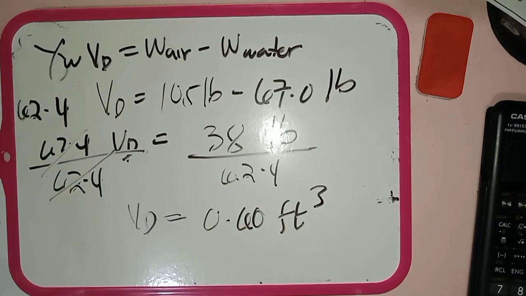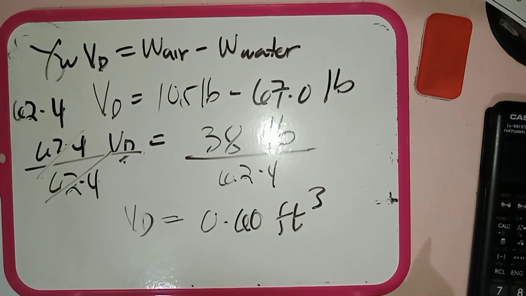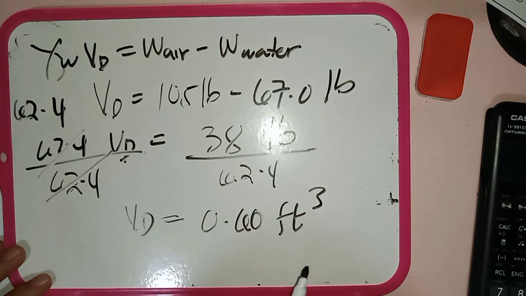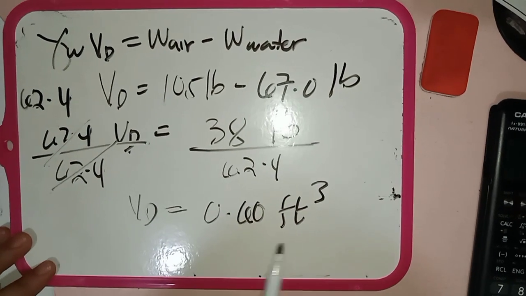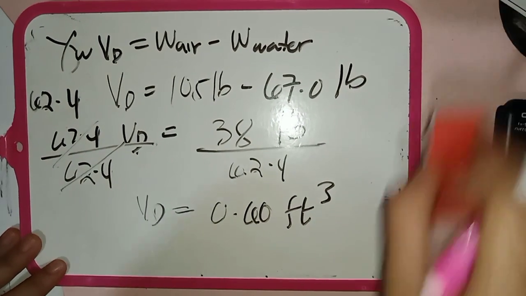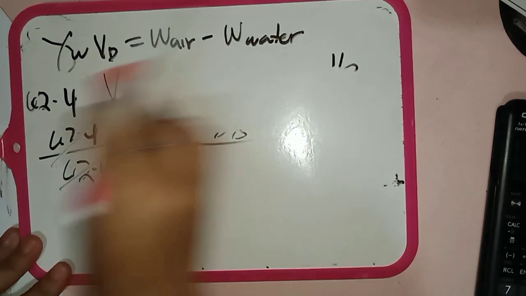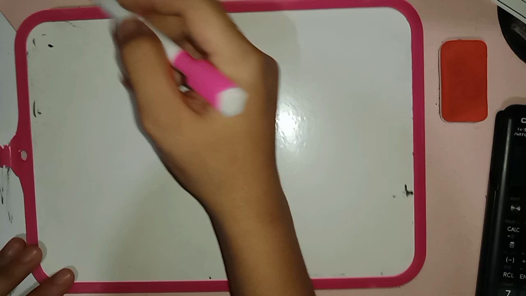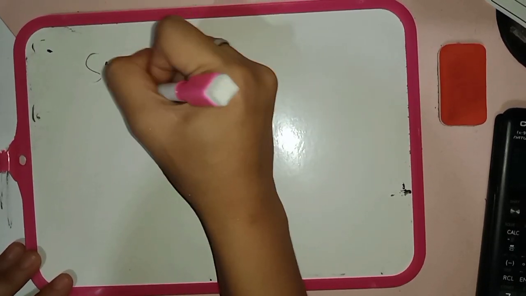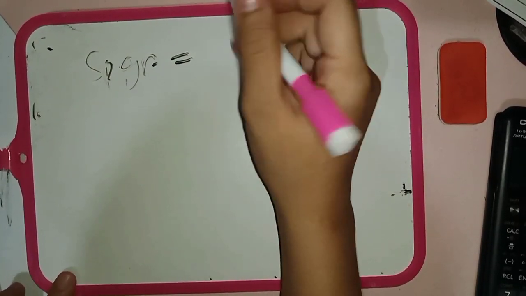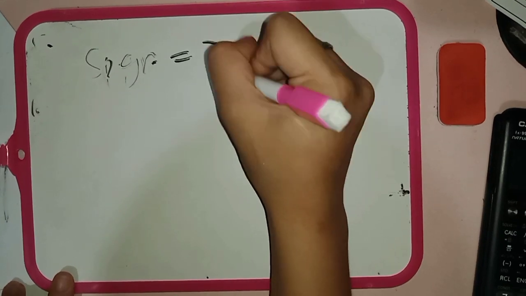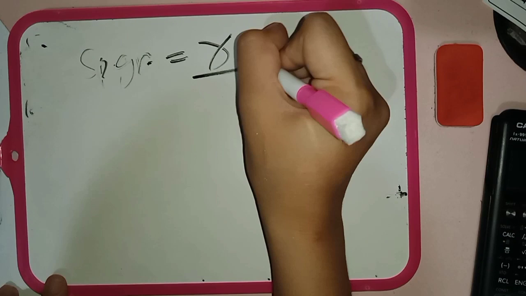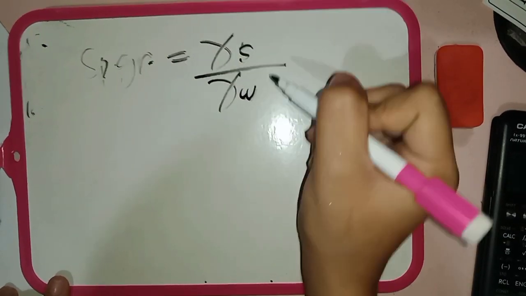So we have now gotten the volume of the stone, the first question. Then the second question is to find the specific gravity of the stone. The formula of specific gravity is the unit weight of the stone, which is our object, over the unit weight of water.